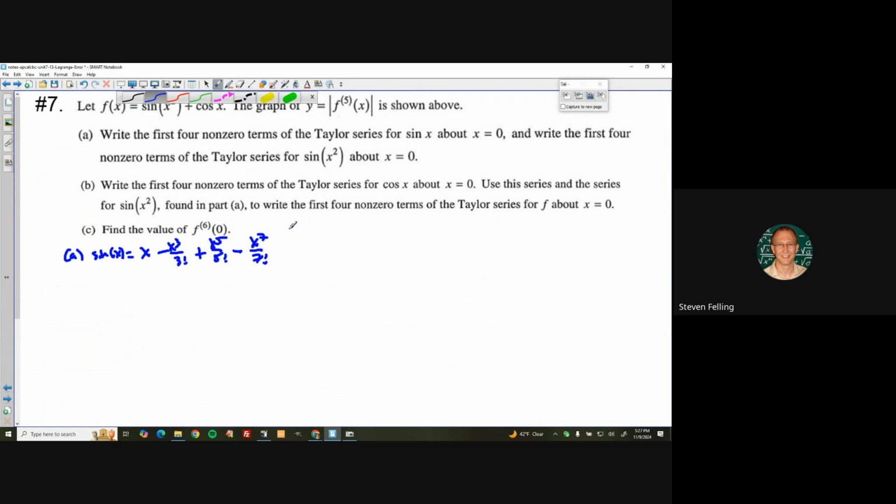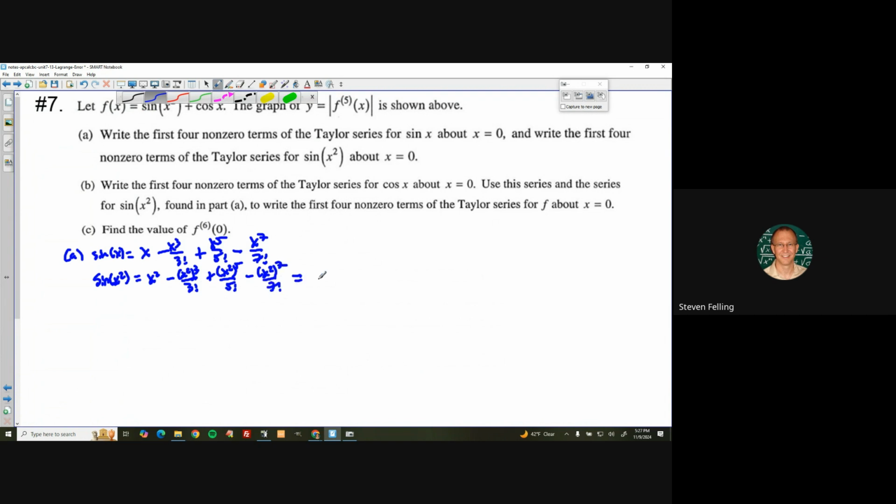Now, write the first four terms of the Taylor series for sine of x squared. So for that, we simply replace the x's with x squareds. That's going to be x squared, minus x squared cubed over 3 factorial, plus x squared to the fifth over 5 factorial, minus x squared to the 7th over 7 factorial.